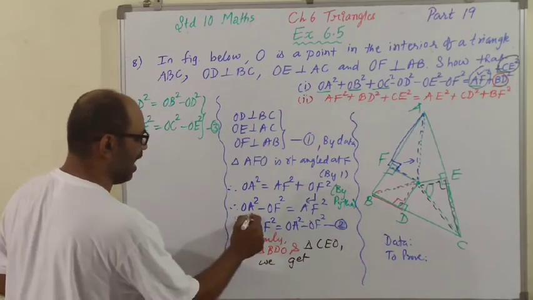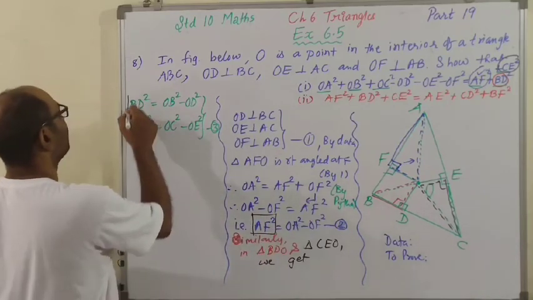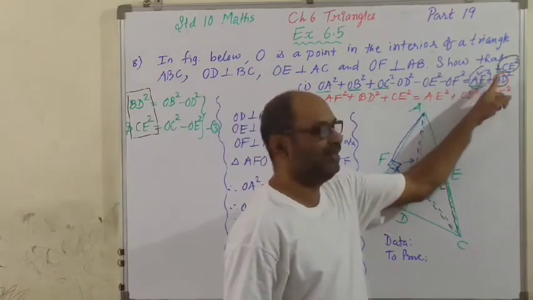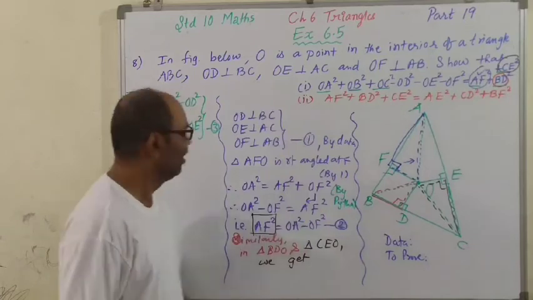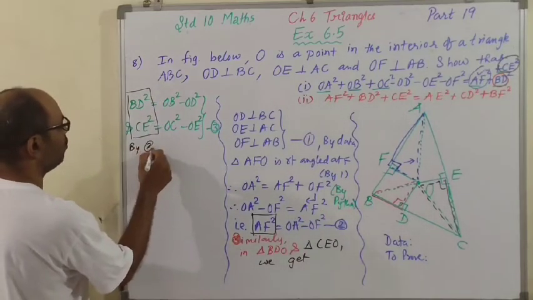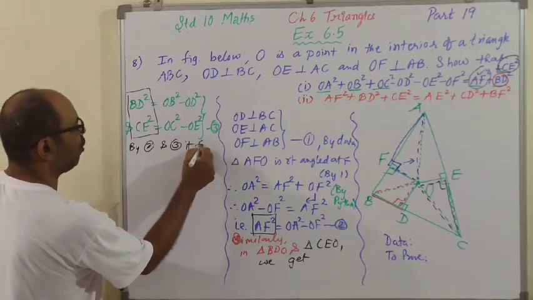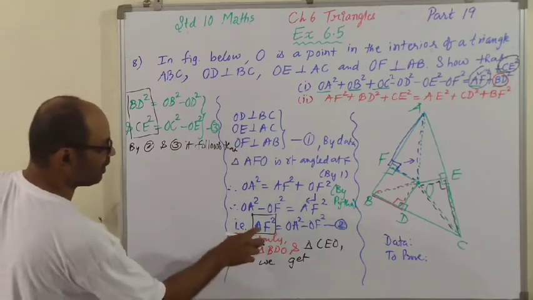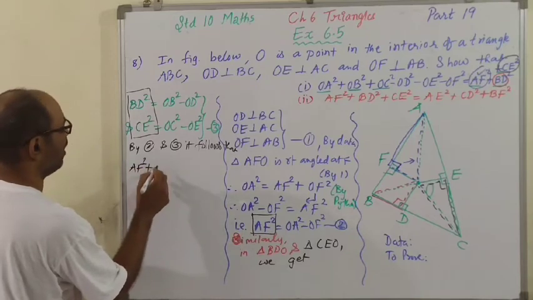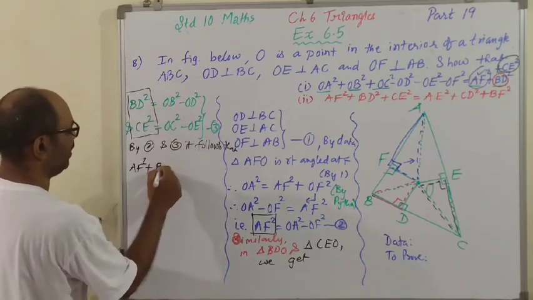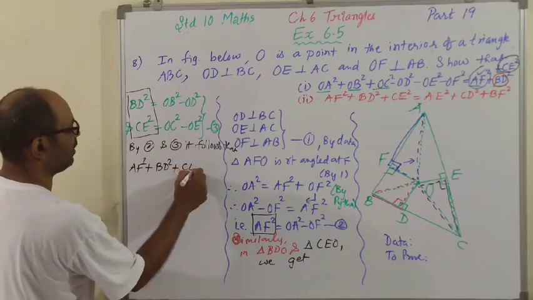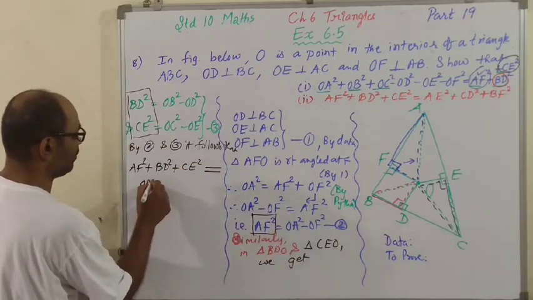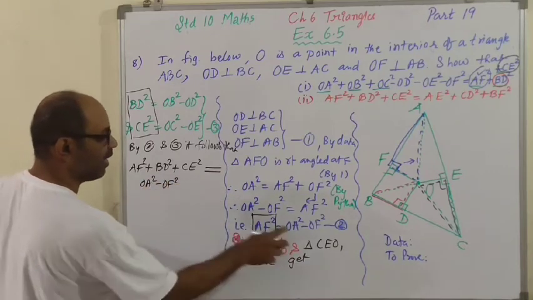2 में लेफ्ट हैंड साइड में क्या है? AF square. और 3 में दोनों के लेफ्ट हैंड साइड में BD square और CE square. So AF square plus BD square plus CE square. मिल गया? So by 2 and 3, it follows that, बोलिए, left hand side AF square plus left hand side BD square plus left hand side CE square is equal to, now right hand side OA square minus OF square, correct?